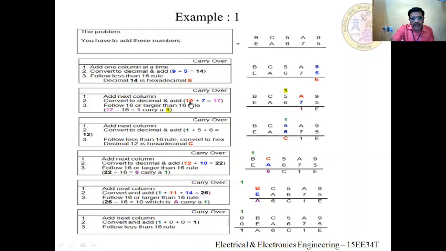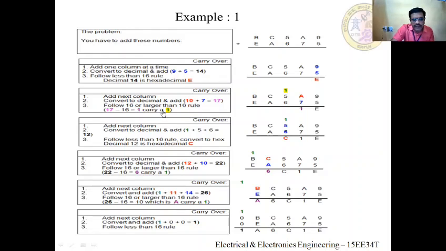The decimal equivalent of A is 10. 10 plus 7 is how much? 17. Here we cannot write 17 as it is because 17 is greater than 16. So we subtract 16 from 17 and the difference is 1. Therefore we write 1 here, and take carry 1 to the next higher bit.